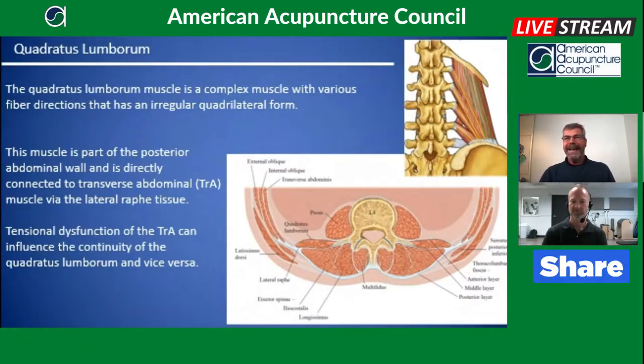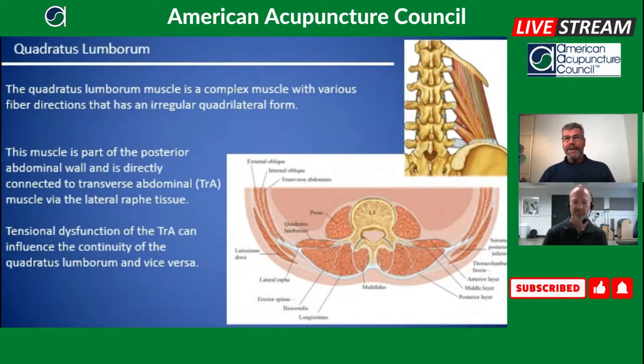We'll be looking at these different fiber arrangements and how this muscle is seen more like a cross link between other muscles acting on the spine or the ilium. Its role is more of a synergist or an assistant to a lot of other muscles in different movement patterns. We're going to talk about that in just a little bit.